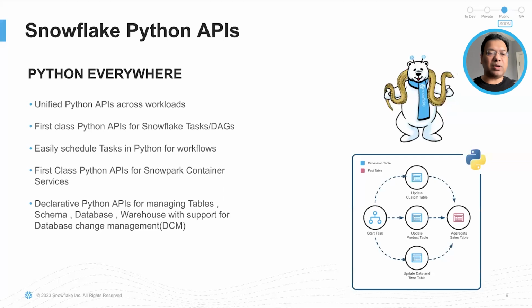You'll be able to use Snowpark Container Services with Python. And along with that, we are adding more support for resources like tables, schemas, databases, warehouses, which will enable you to declaratively define these objects in a Pythonic way and be able to do creates, updates, and alters on them all through Python itself without going through the SQL APIs if not needed.